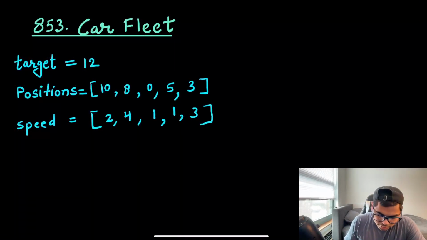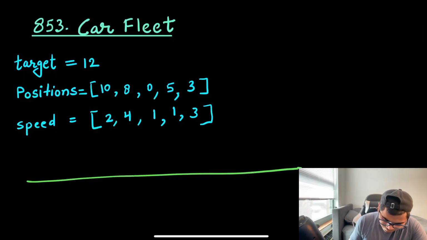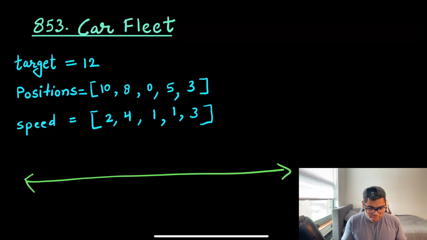We are given a target. Let's say this is my position line. These are different cars, which have a position and a speed. We're taking a snapshot of this race, but all of them started at position 0.